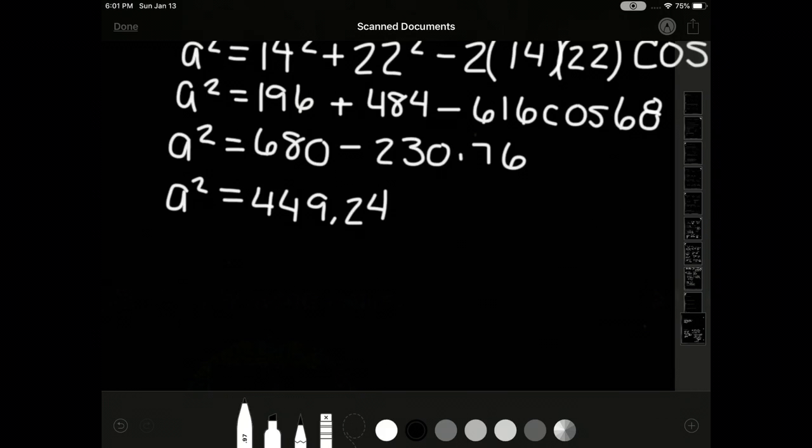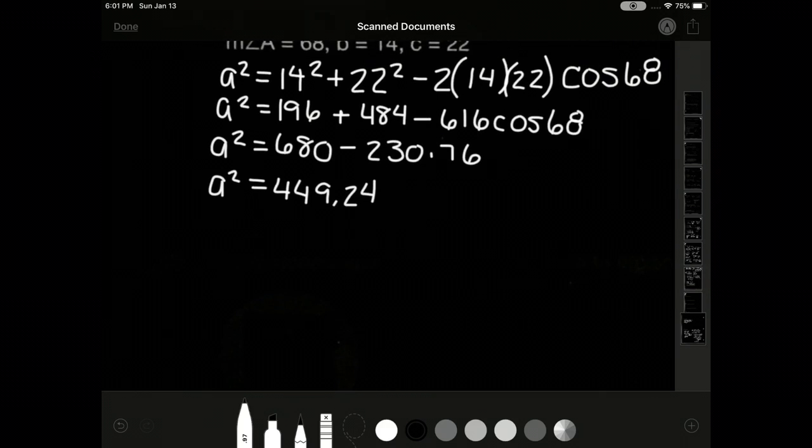And then the last step there is to just take the square root of 449.24. And we get 21.2. So A equals 21.2.